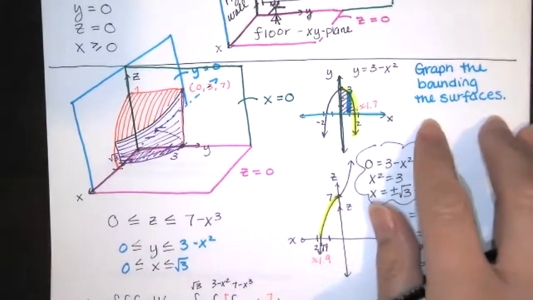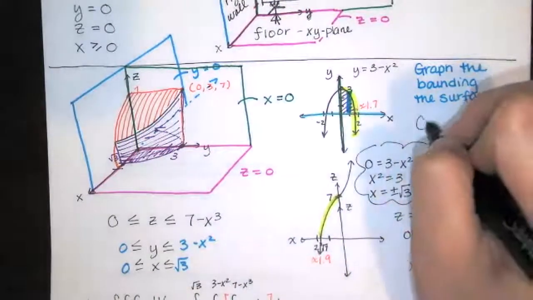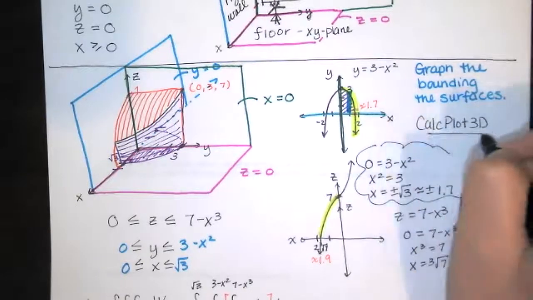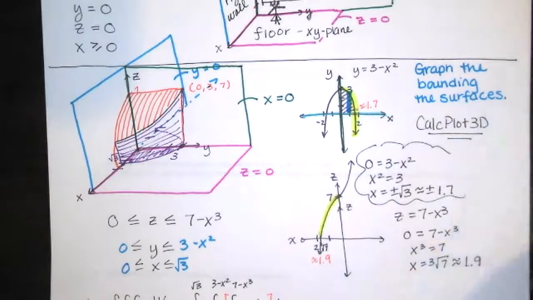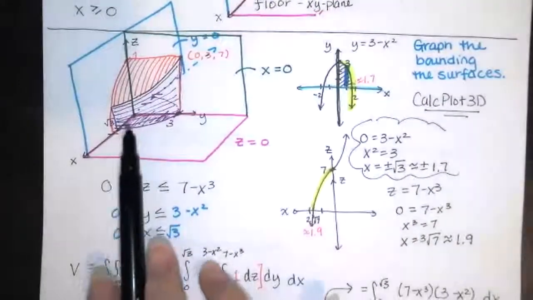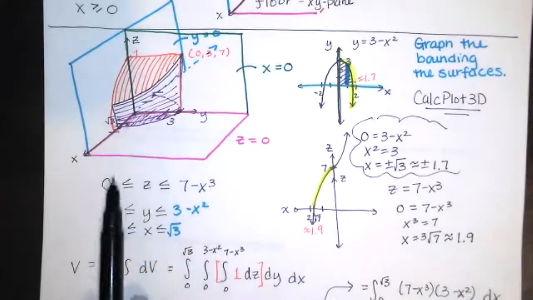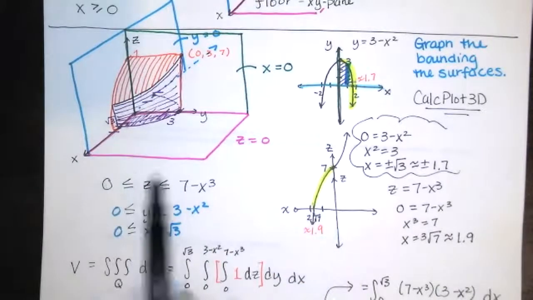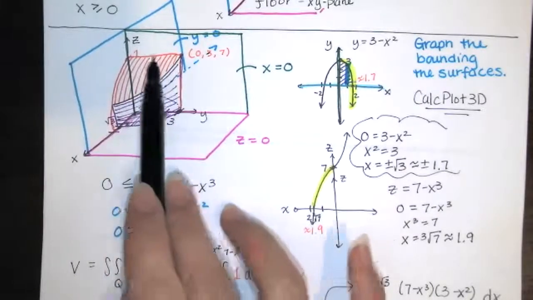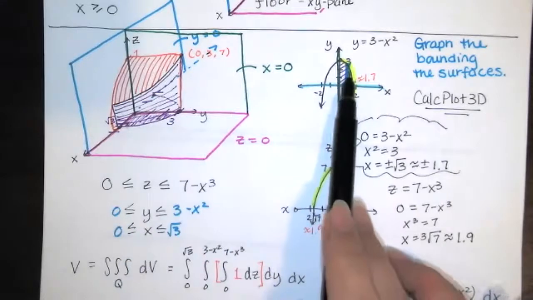So start by graphing. Use that CalcPlot3D. Might help you a little bit to figure out kind of what's going on. And then once you've got your graph drawn, figure out the bounds. Z goes from what bottom function to what top function. And then you look at the projection of the region, or of the solid region, onto the XY plane. That's this.